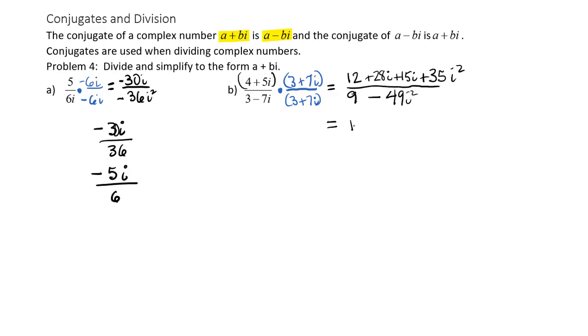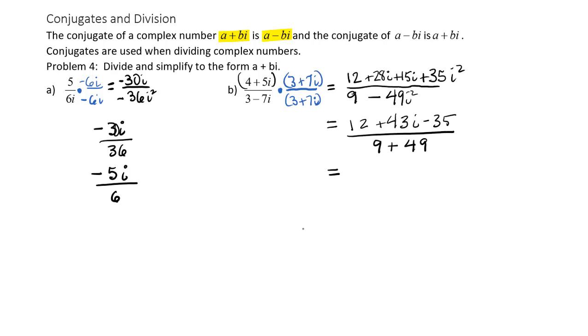This is equal to 12 plus 43i plus 35 times negative 1. So this will actually be a minus 35. In the denominator, we'll have 9 plus 49.